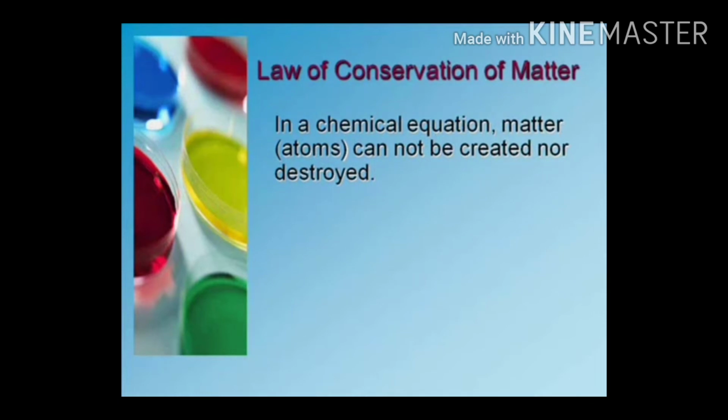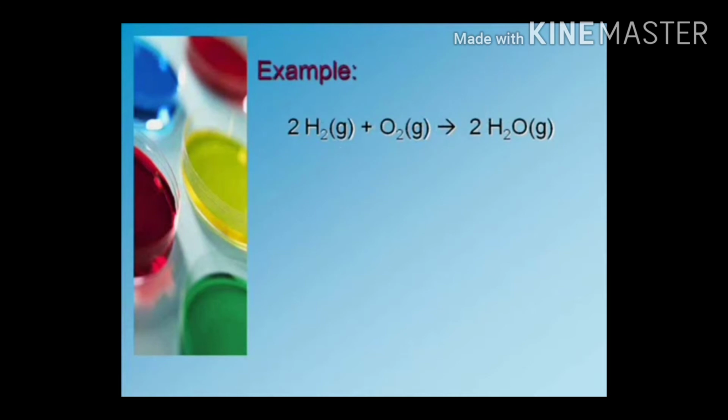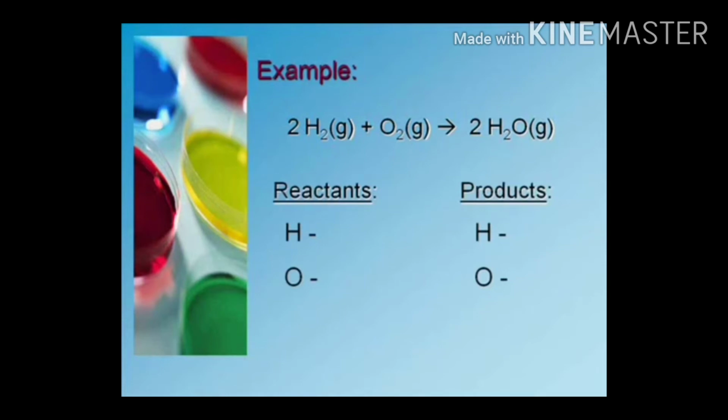So according to the law of conservation of matter, in a chemical equation, matter or atoms should be equal on both sides. In this particular reaction, you can see the number of hydrogen atoms on the reactant side is 2. Hydrogen gas molecules are 2, there is 1 molecule of oxygen, and on the product side 2 molecules of water.